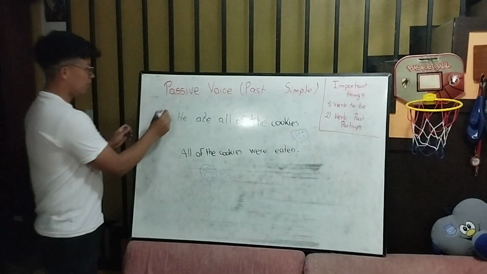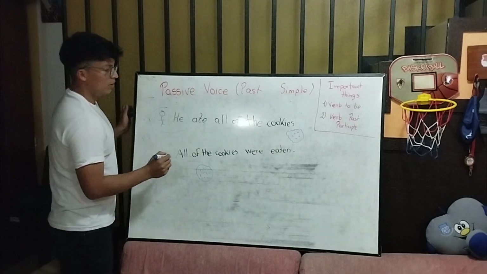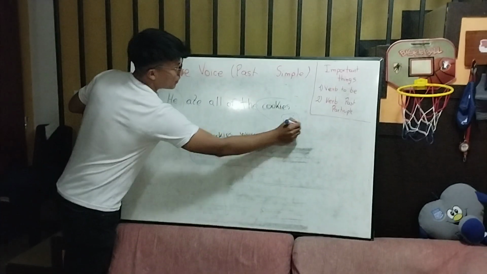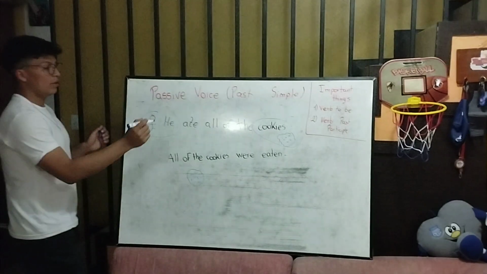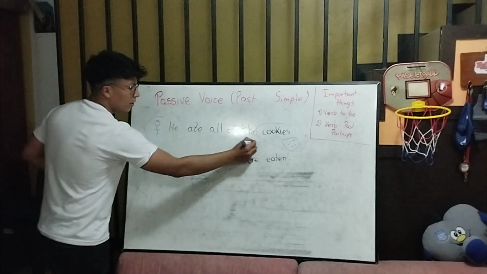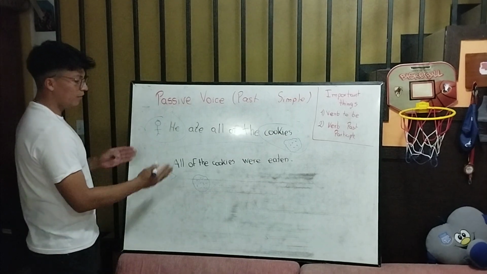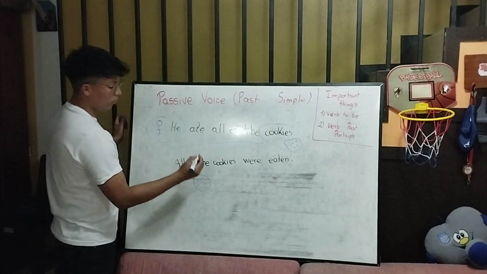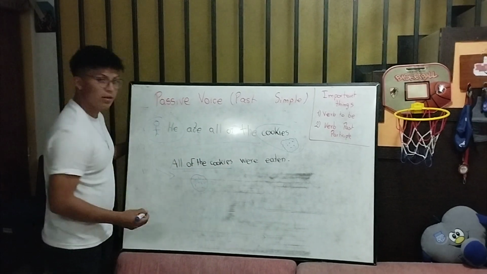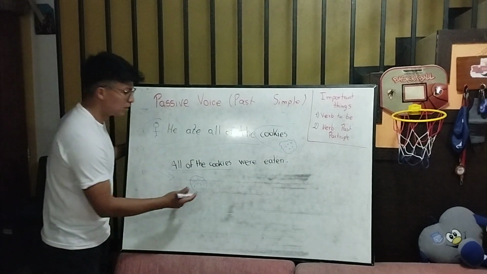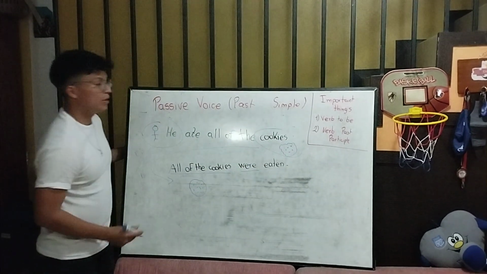Remember the subject and the object. In this case, cookies becomes the most important thing of the sentence. All of the cookies were, remember, the object becomes the new subject, followed by the verb to be.